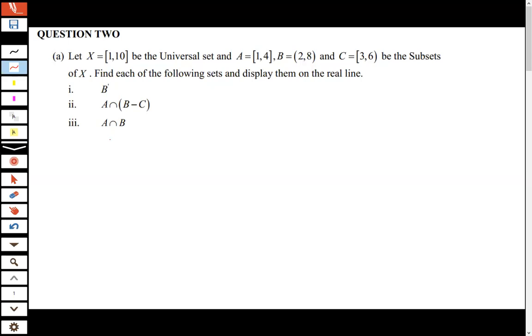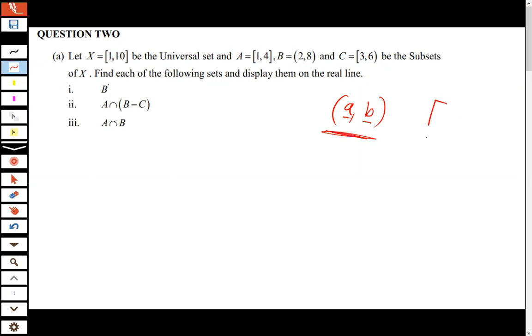To find B complement, before I start solving this, let me first explain what these brackets mean. Remember what I said: if we have a set, for instance A, comma B, in open brackets, it means we're talking about elements between A and B, and A and B are not part of the set because we're using open brackets.